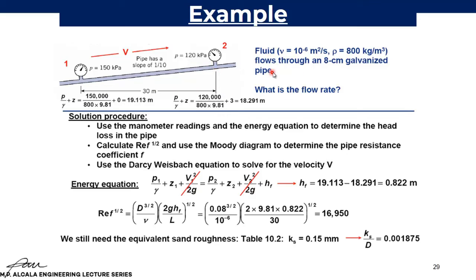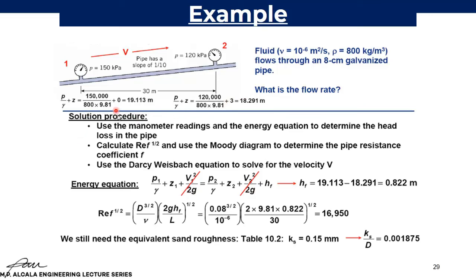Okay? The fluid has a kinematic viscosity of 10 to the negative 6 and a density of 800 kilograms per cubic meter, and flows through an 8 centimeter pipe. Take note because this is your diameter. We are tasked to find the flow rate.